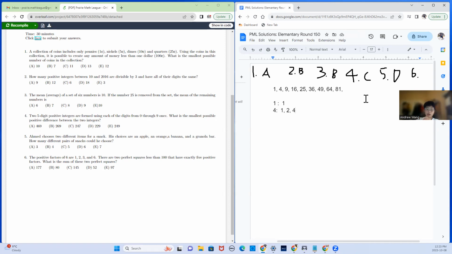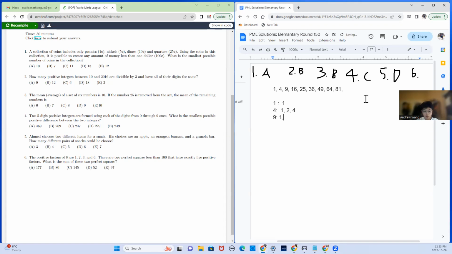So as you can see, we're going to go down the list, but I'm going to sort of reduce it, and you can try it yourself. So we're trying to find the sum of the 2 perfect squares that have exactly 5 positive factors and that are less than 100.